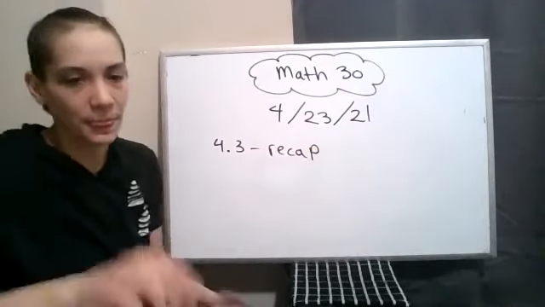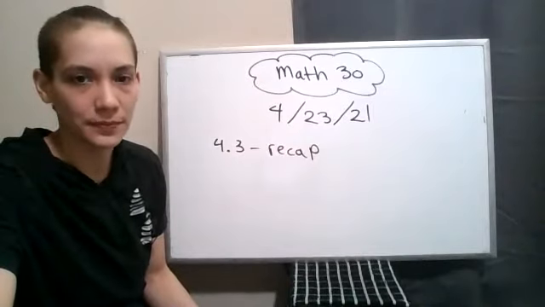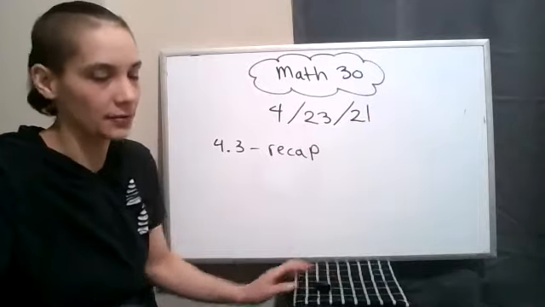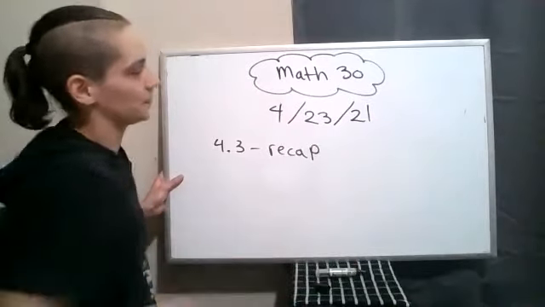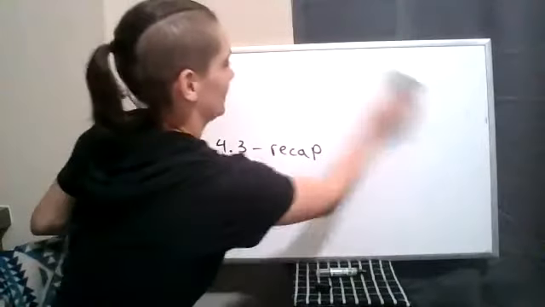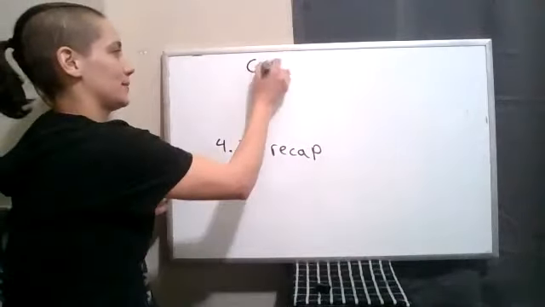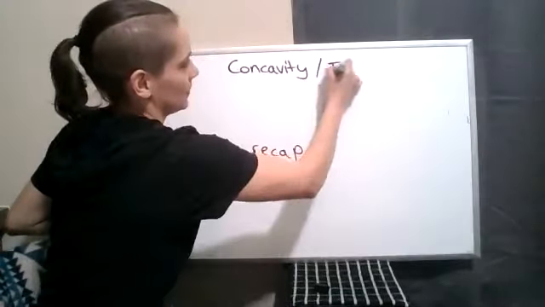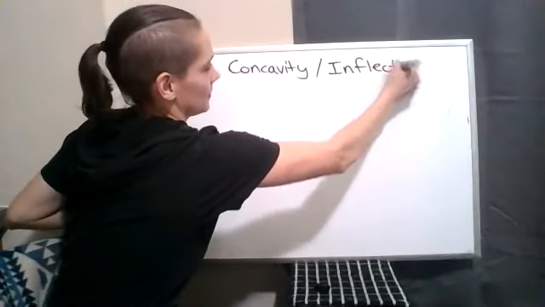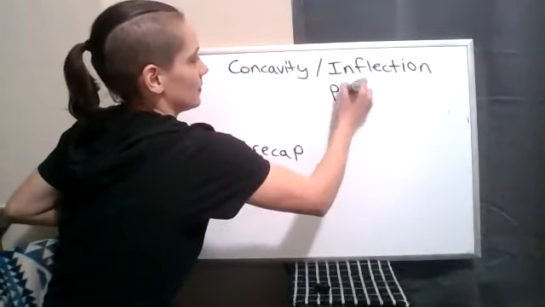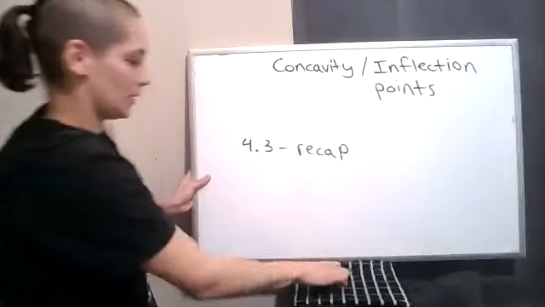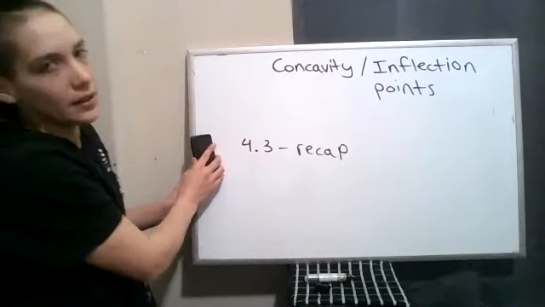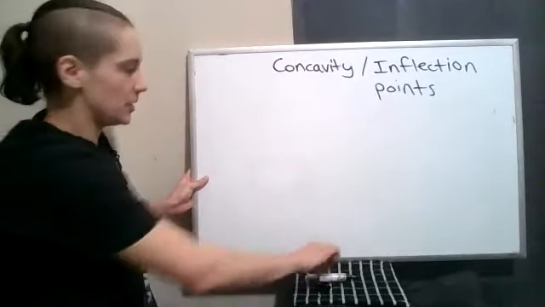Okay, so yesterday we talked about finding concave up or concavity and inflection points. Again, I did this yesterday, but forgot to record, and we're doing the steps, but just simplified.